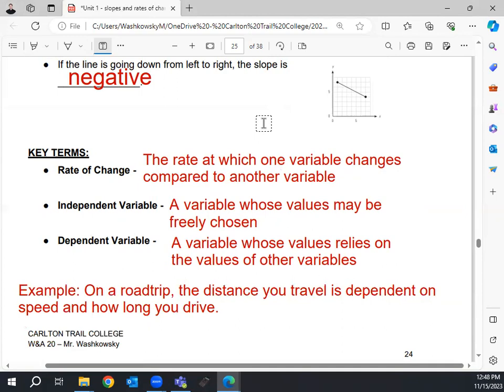If I'm going 100 kilometers an hour, I can say however long I'm going to drive basically, but it's dependent on the speed. It's dependent on how long that you drive. I hope that makes a little bit more sense with that. We'll look at a couple examples here, but it's looking at something that relies on another thing.